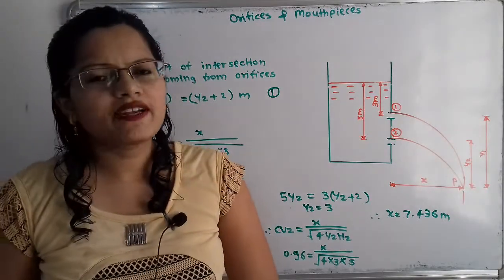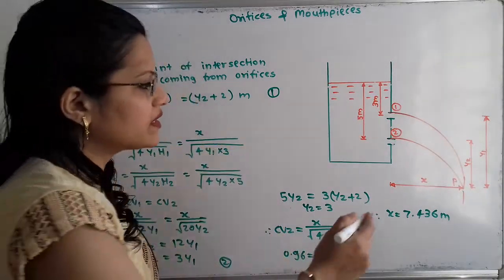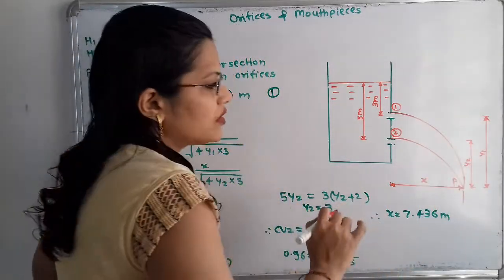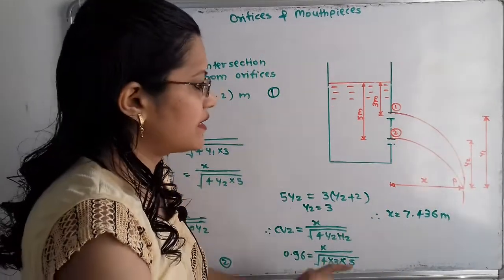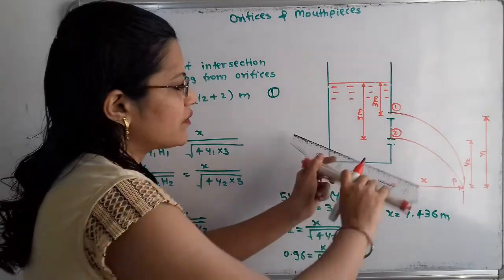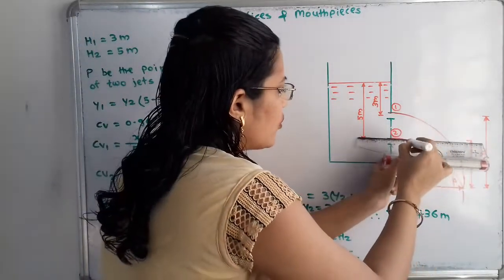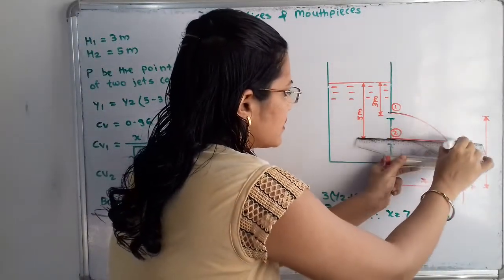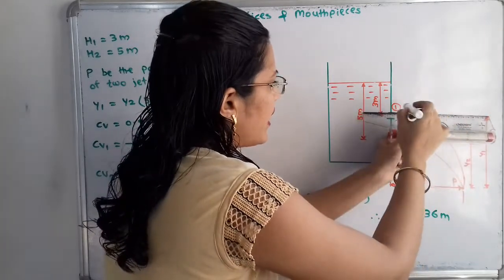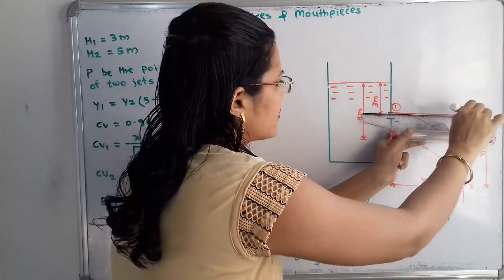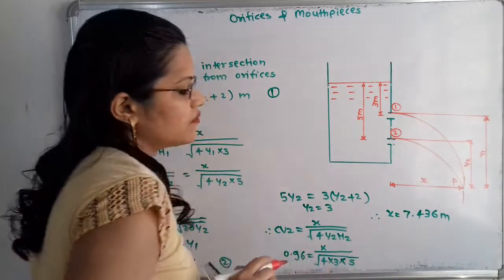Now we will find the relation between y1 and y2. If I extend these lines, y2 is the vertical distance from orifice 2, so I will extend this line. In the same way I will extend the line for y1, the vertical distance from orifice 1.